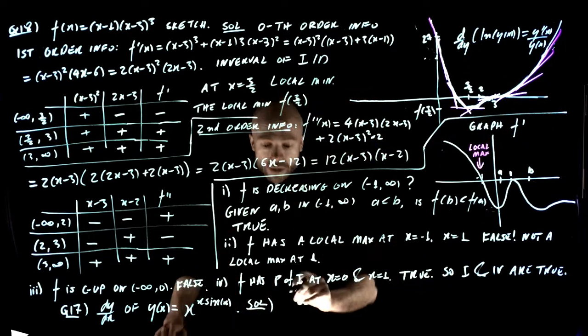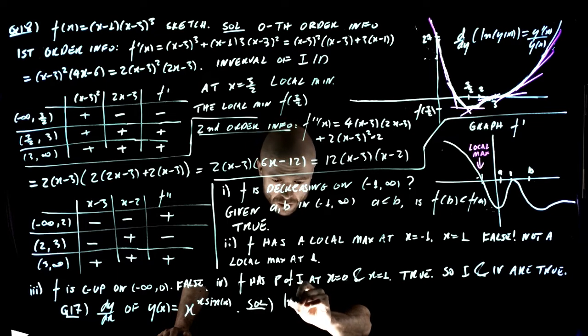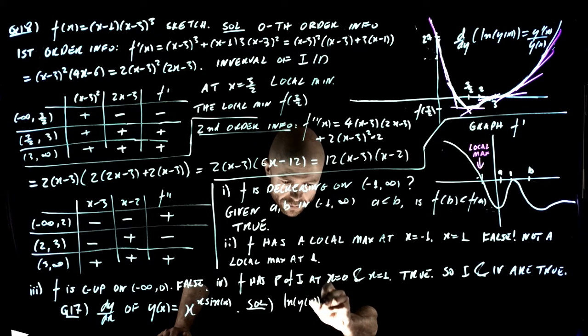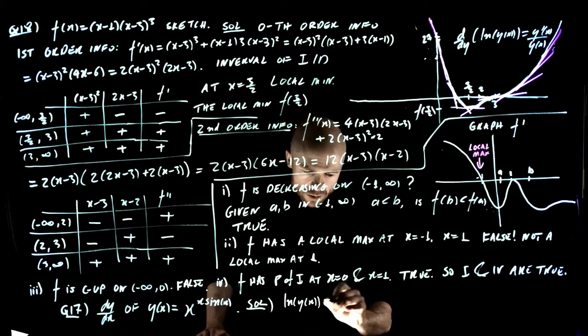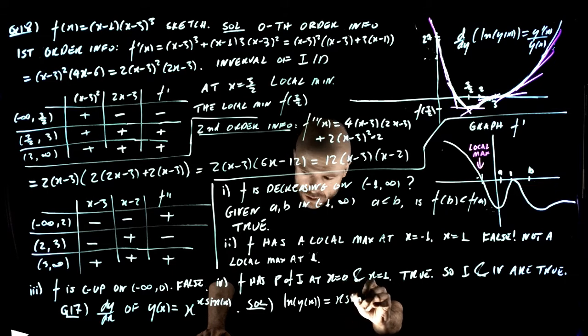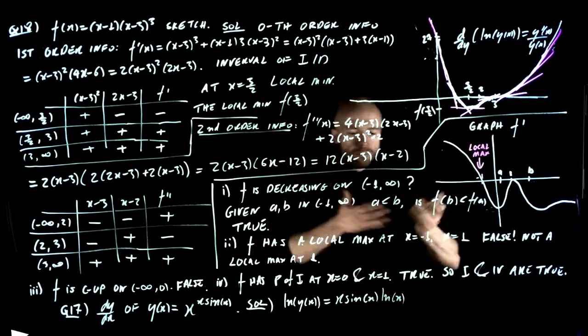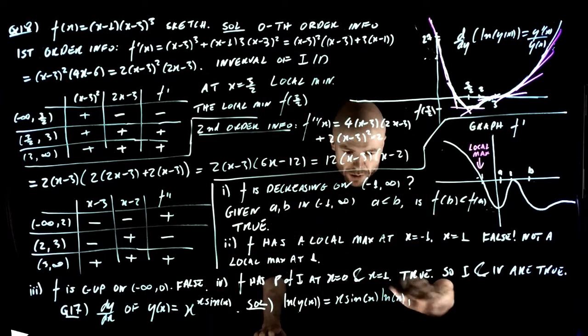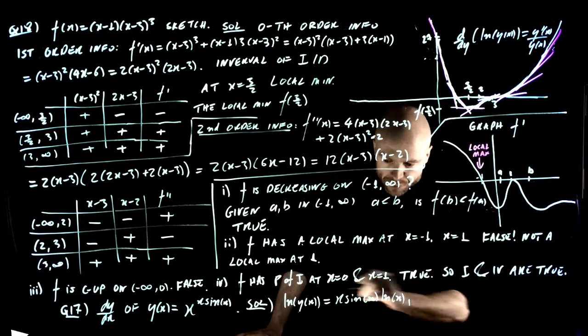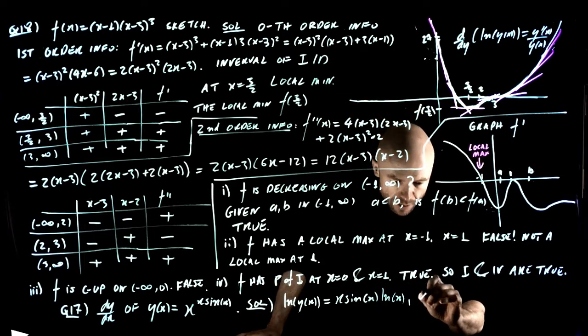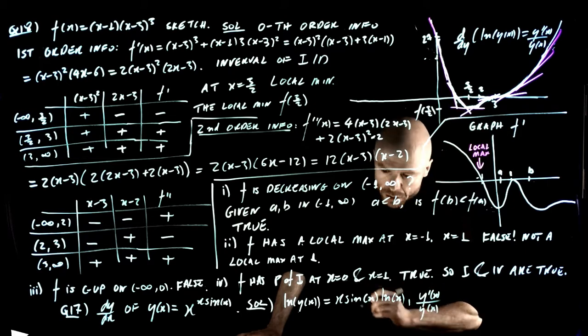So apply log. So log of y of x, this thing comes down. We're going to have x sine of x log of x. And then this is a reasonably straightforward thing to differentiate because it's just a product of stuff we know. So we differentiate and we have y prime over y again, because that's what the derivative of log is.